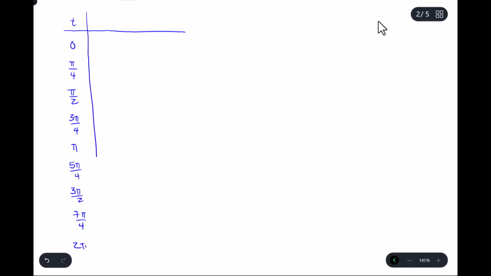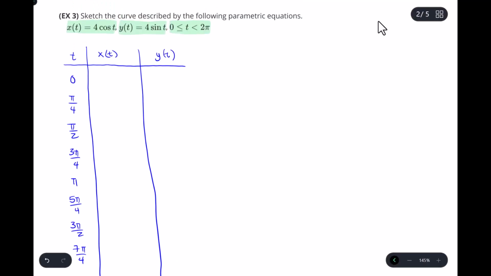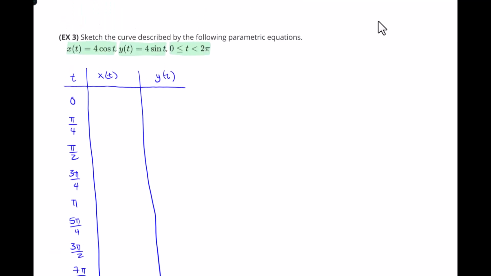All right, so here's my range of values, and now I need to calculate x of t and y of t for each one of these. Okay, so let's see. 4 times the cosine of t. Well, cosine of 0 I know is 1. So 4 times 1 is 4. Sine of 0 is 0. So that's going to be at 0. Pi over 4, sine and cosine agree with one another.